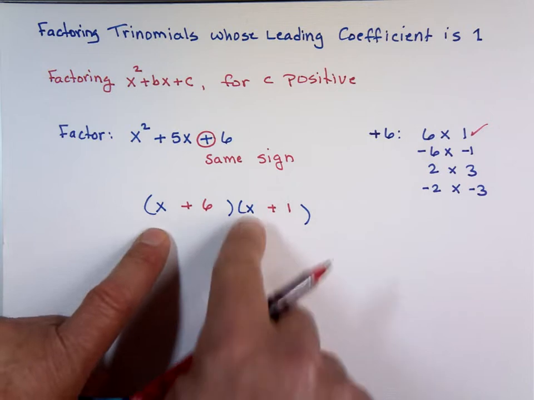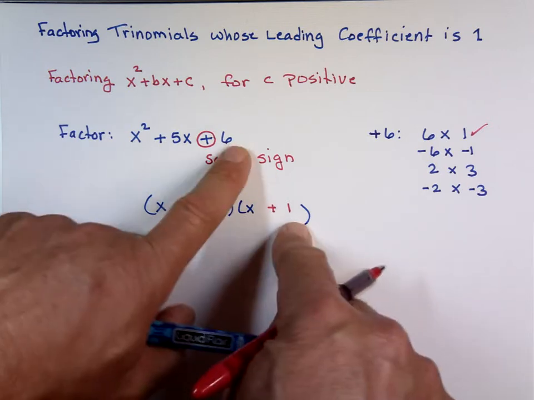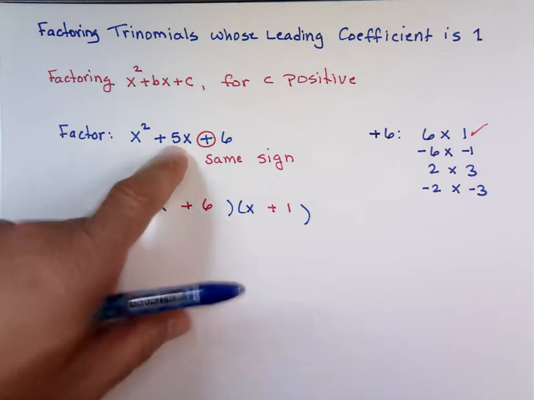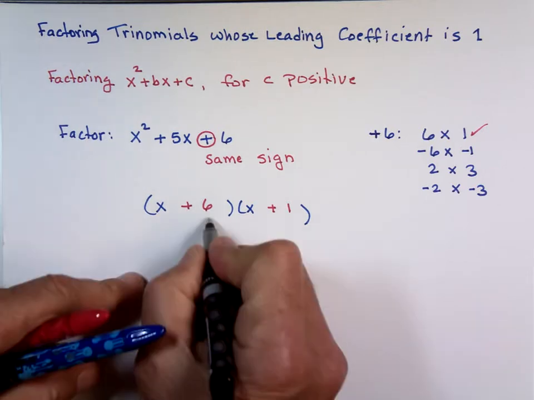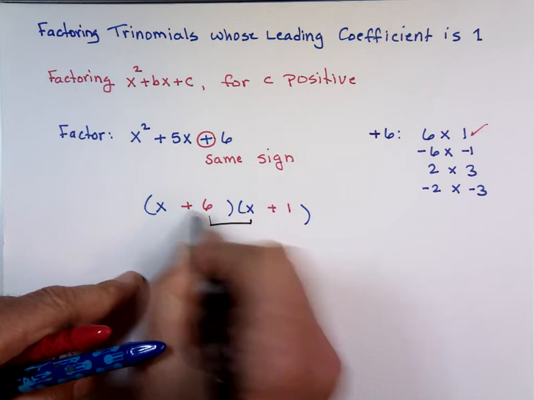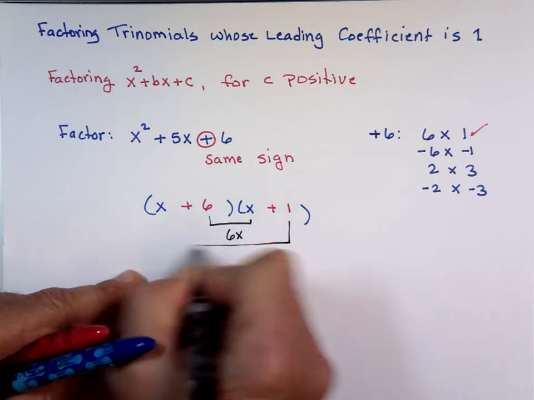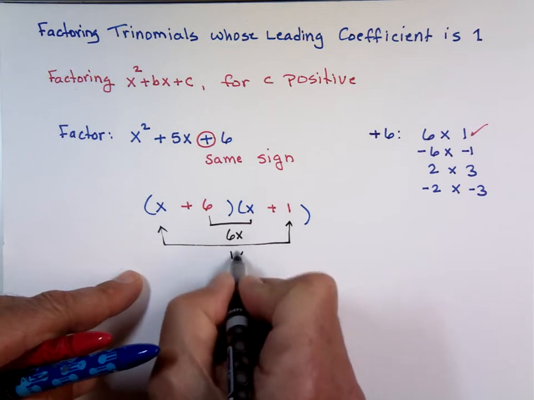Well, I know x times x is x squared. That's good. I know 6 times 1 is 6. That's good. The question now, do we have plus 5x? And the way we test that, we multiply the inside, plus 6 times x, that's 6x, and 1 times x, which is what? That's 1x, and when you add them, what do we have?